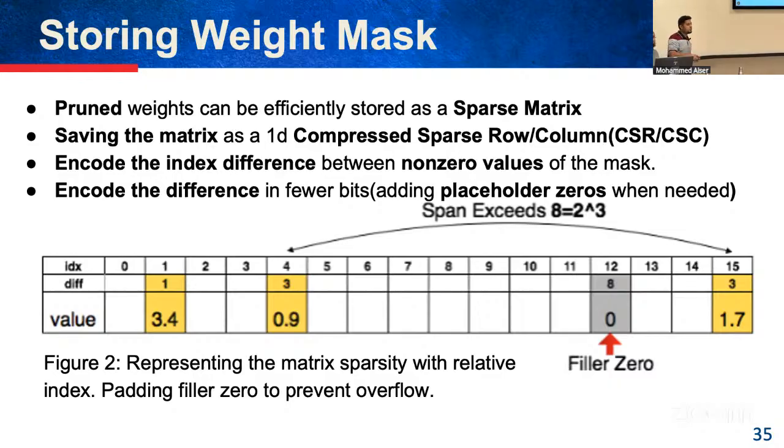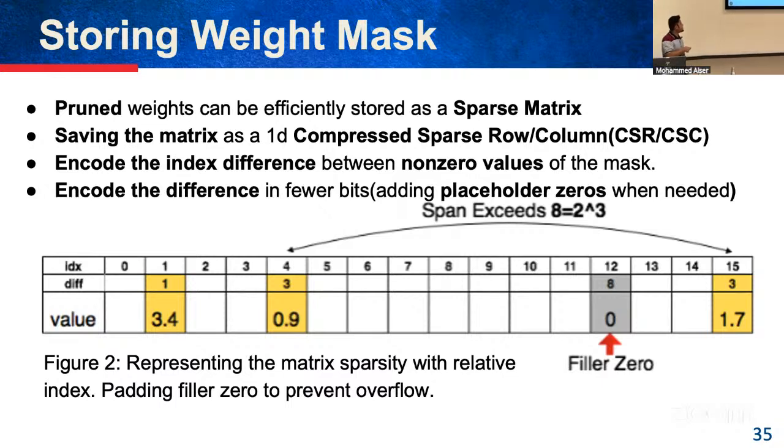So what is a sparse matrix? What is the disadvantage of a sparse matrix? There are more zeros, but the non-zero values are important, right?